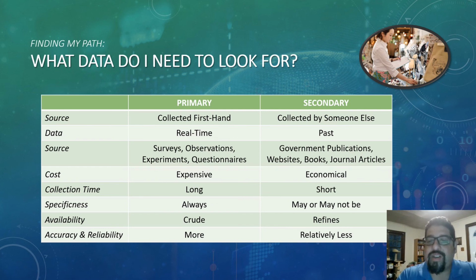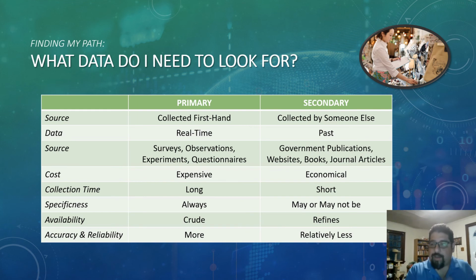You also have collection times, and primary sources often take longer to compile because we're doing surveys, studies, experiments, and answering questionnaires, whereas secondary sources are very short. We're looking up a journal article, reading a chapter from a book, or looking at a pamphlet from a government publication. And primary sources are always going to be specific to what we're looking at.